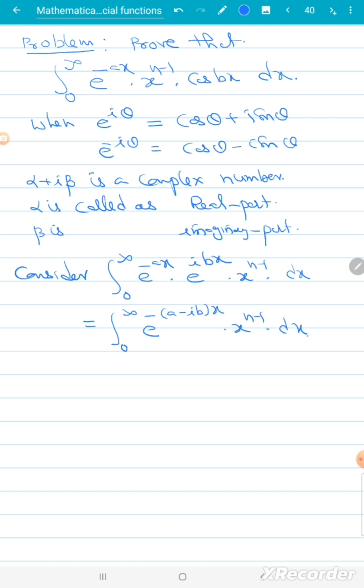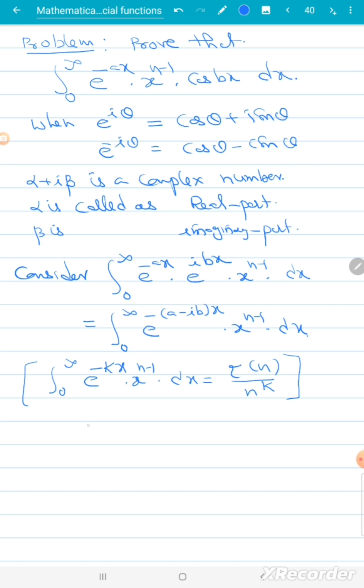Here you need to remember the formula: the integral from 0 to infinity of e power minus kx into x to the power of n minus 1 dx is equal to gamma of n by k to the power of n. This is the known formula.